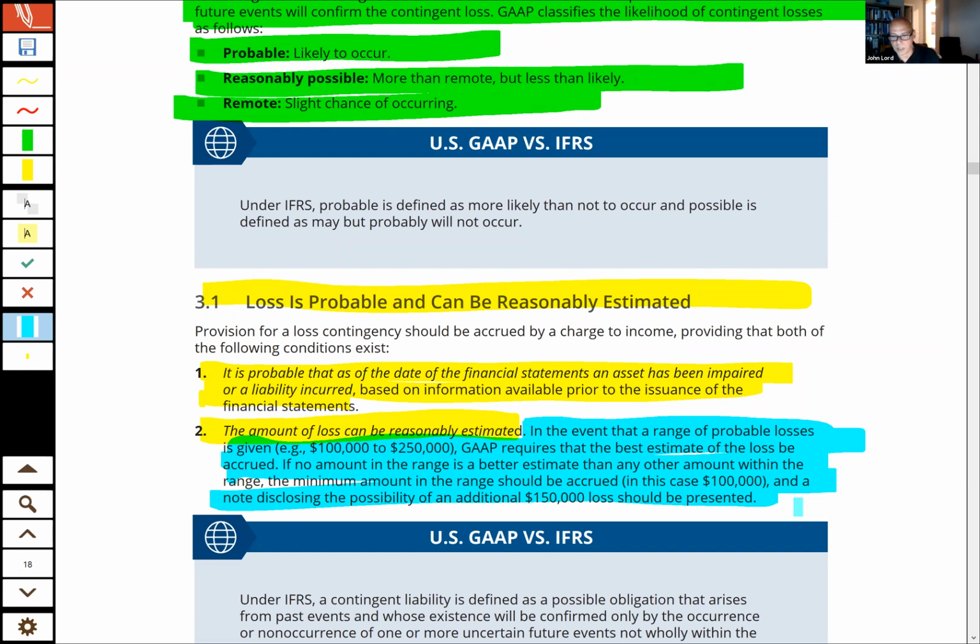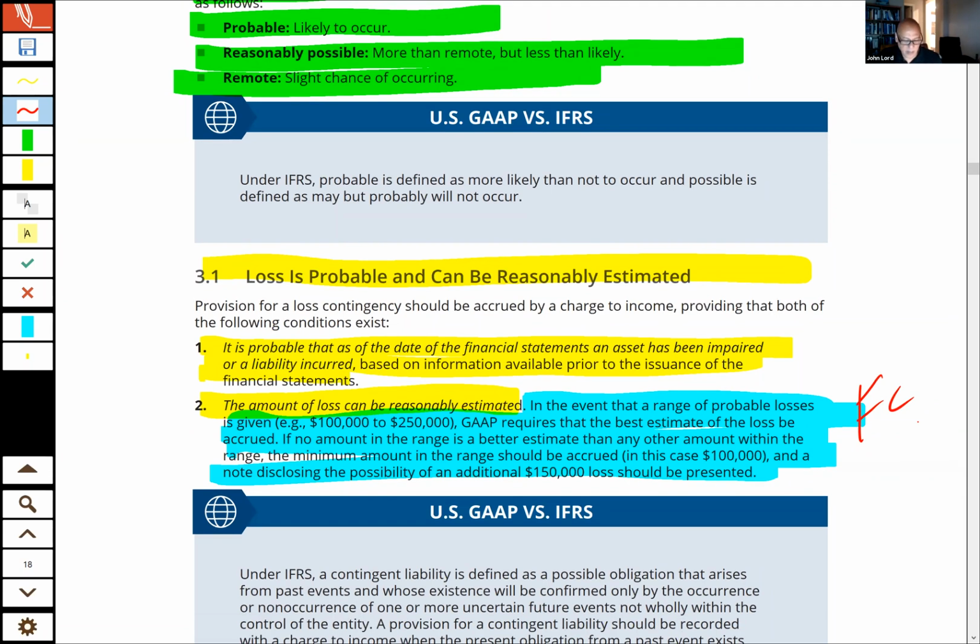But we would go ahead and book, debit the loss and credit the liability for the lower end of that range. Flashcard that. Got to be probable, got to be estimable. If it's probable and estimable, you should book it. If you're estimating between here and here, then book the lower amount, but disclose the range. Okay? Not very hard.